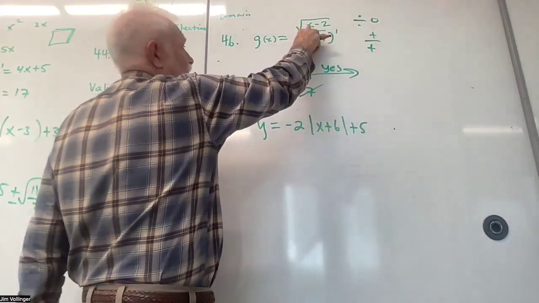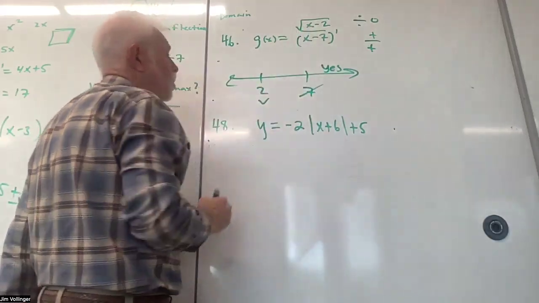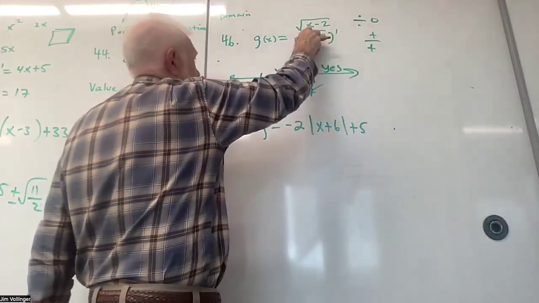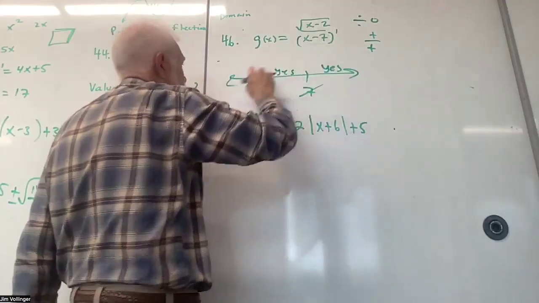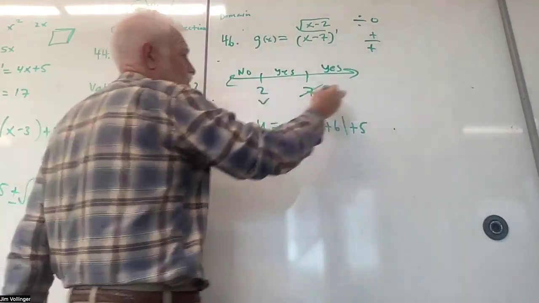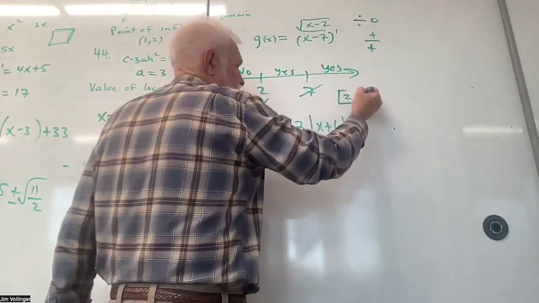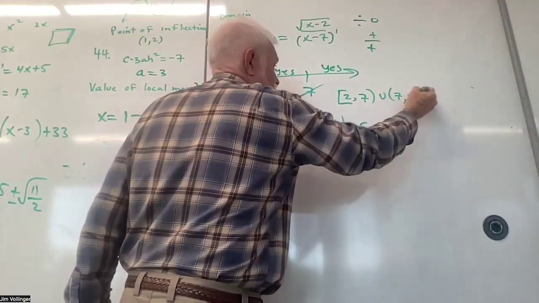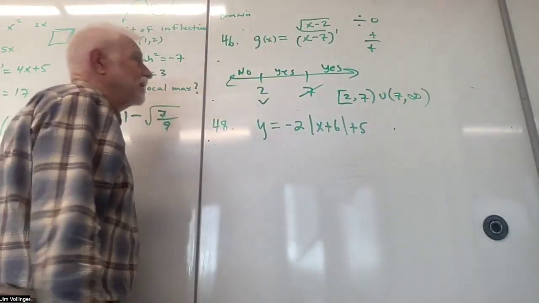I need a number bigger than or equal to 2. So 2 works, and this is bigger, yes. But I don't think I can put a 1 or a -1,000,000 or anything like that in here. That's a no. So what intervals work? Well, 2, that should be a bracket. 7 doesn't work, but everything from 7 on to infinity does. That's your domain.